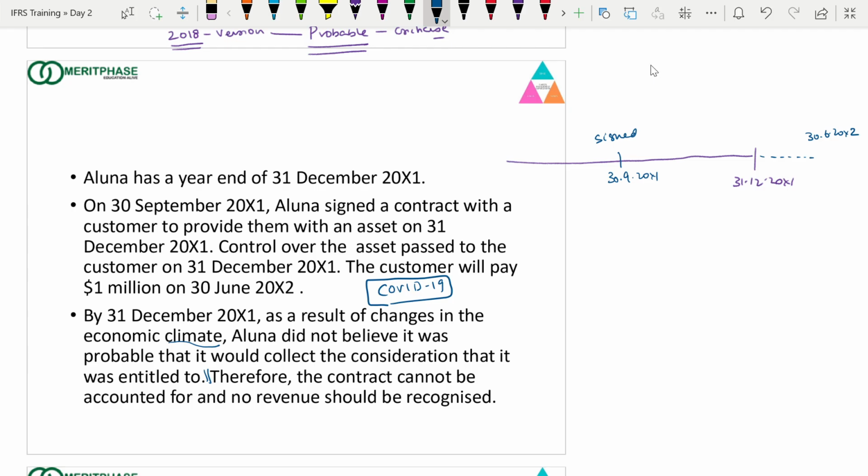On 31st, they say that the probability is less because of economic conditions. And they say that there is going to be no revenue to be recognized. As simple as that.